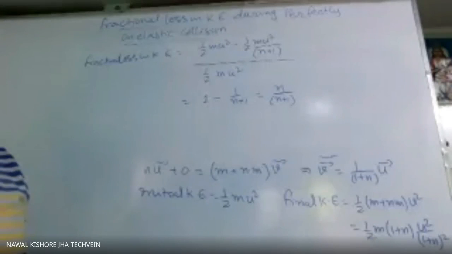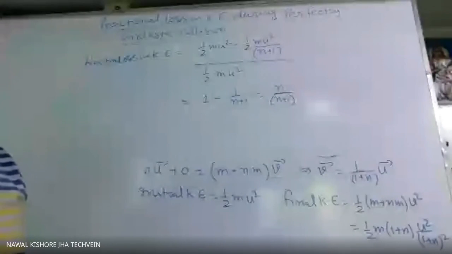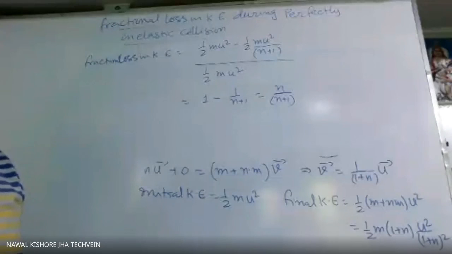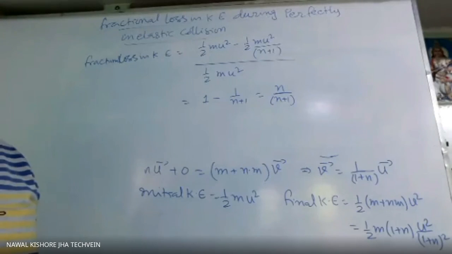So solve the numericals; 50 or 56 numericals are there. Work, power, energy you have already completed, I think. Only the collision part is left. So today you finish, and next day you ask your doubts.